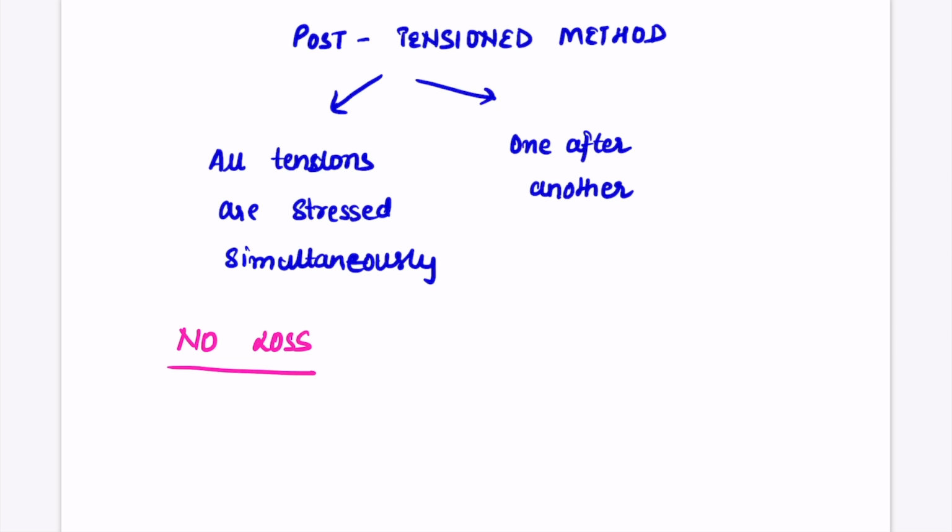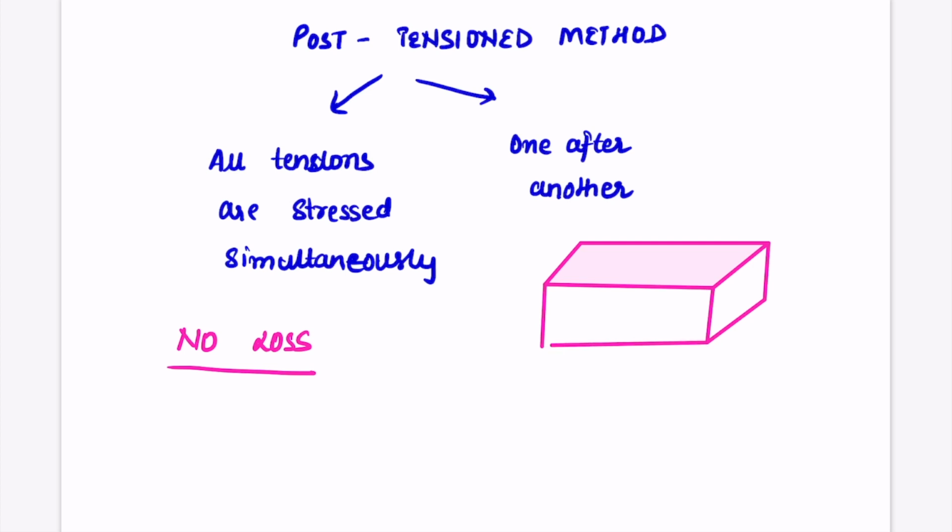But when the tendons are stressed one after another, so what happens is, suppose there is a system in which there are 3 tendons: tendon 1, tendon 2 and tendon 3.